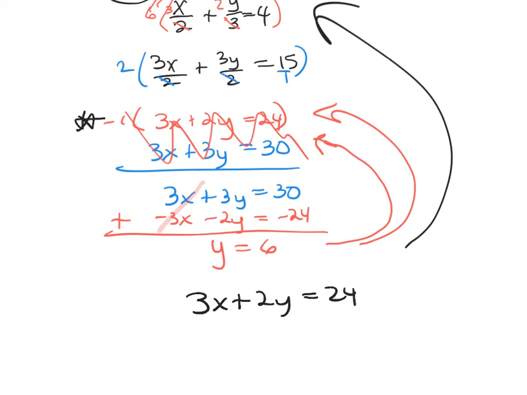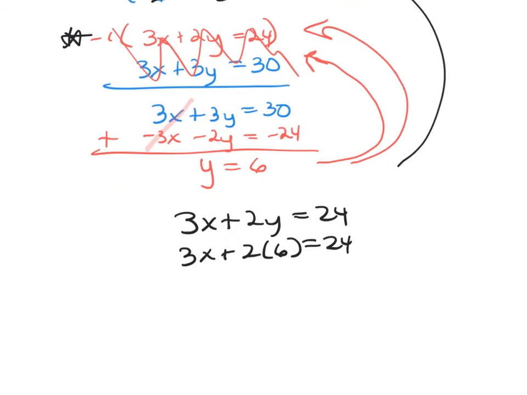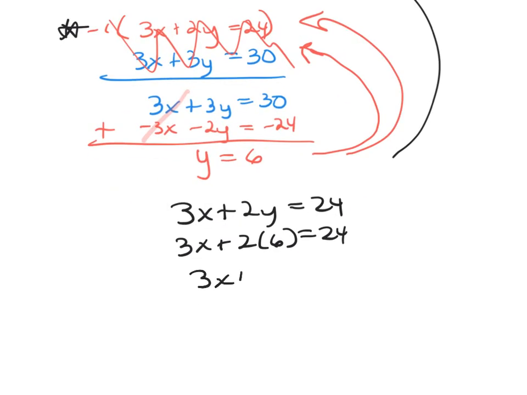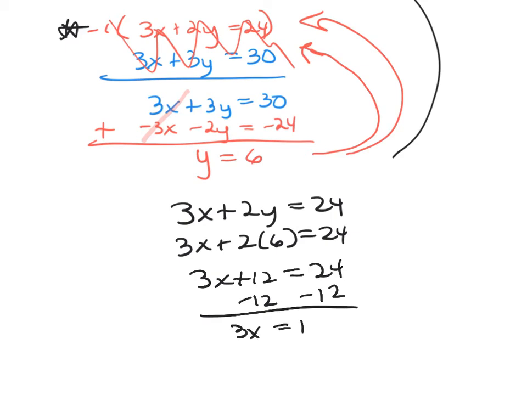And I get 3x plus 2 times 6. 3x plus 12 equals 24. Move the 12, and 3x equals 12. Divide by 3, and x equals 4. So the correct answer is 4, 6.